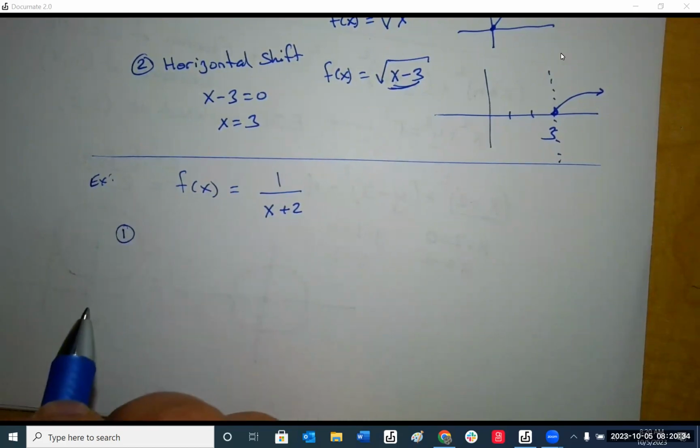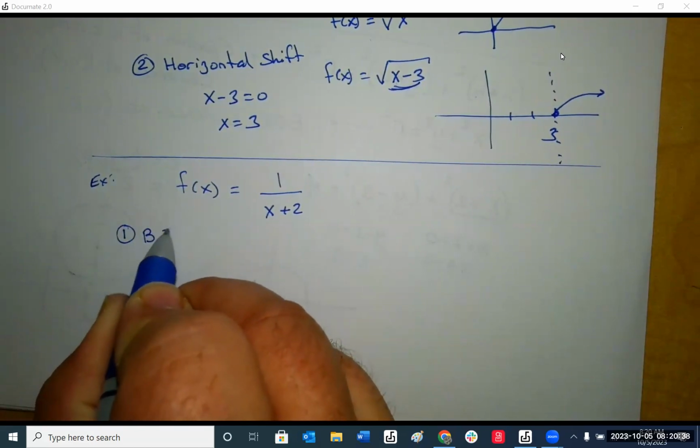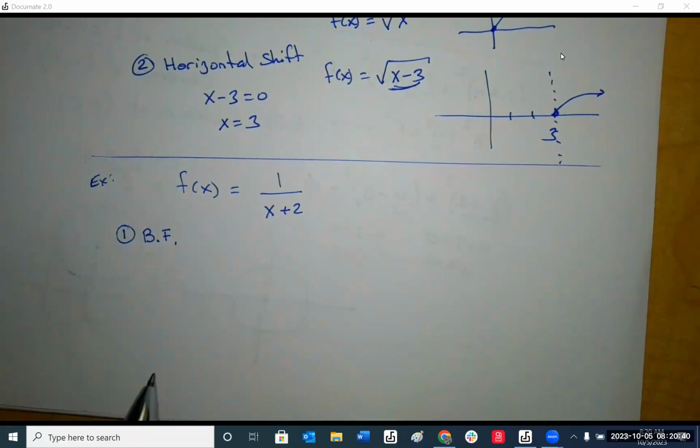The first step is what? What's the basic function? What is the basic function here? Again, you can't learn by listening to me. You got to do something on your end.